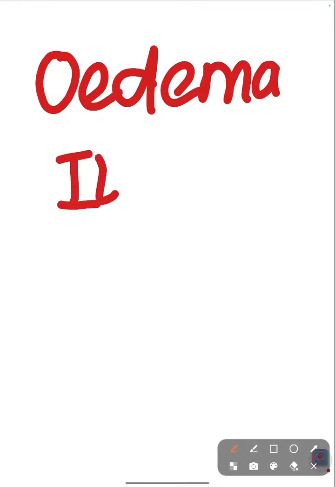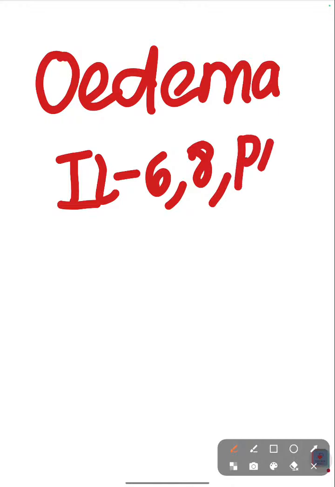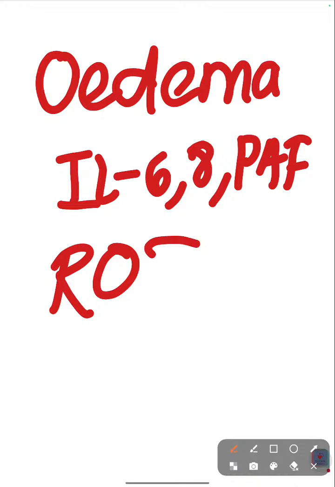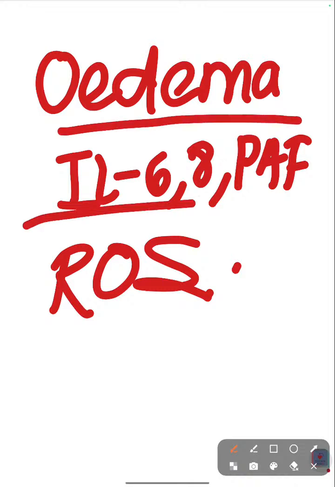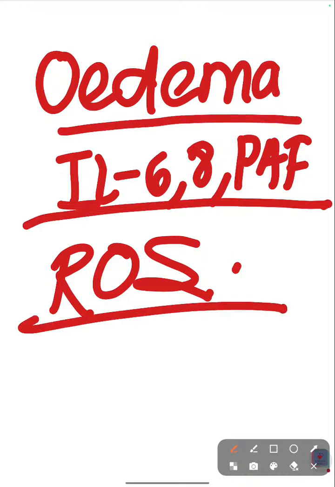Activation of endothelial cells leads to a pro-inflammatory process and edema, due to widespread leakiness. There will be release of cytokines, interleukin 6, 8 and PAF, platelet activating factor, and production of reactive oxygen species. So activated endothelial cells cause edema, interleukin 6 and 8 release, and ROS.